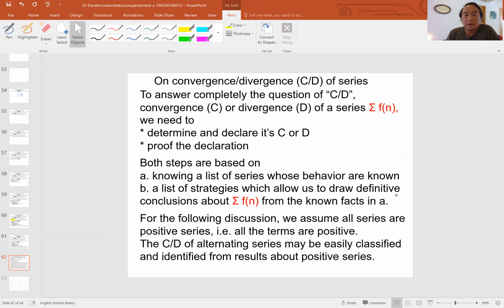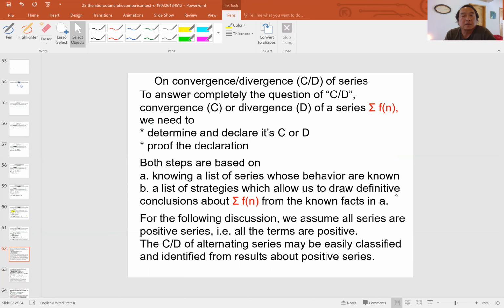So these are the basic strategies. And of course, you also have another strategy, which is to find an easier formula as a ceiling to demonstrate convergence. Make a ceiling to show convergence, or if you want to show divergence, come up with a floor that pushes yours to divergence also.